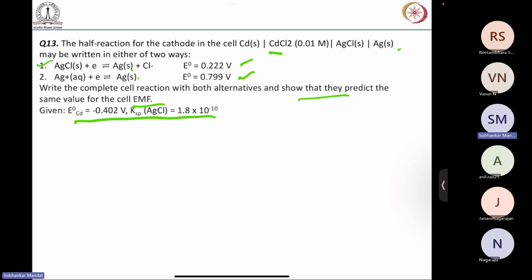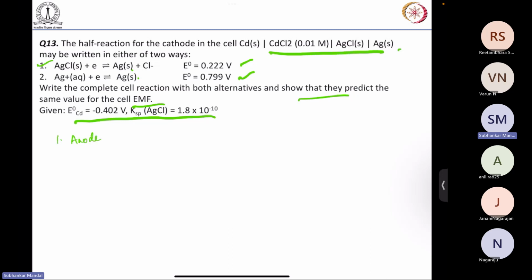So the cell reaction is given here. I can write this cell reaction, then it will be easy. First, what is the anode reaction?